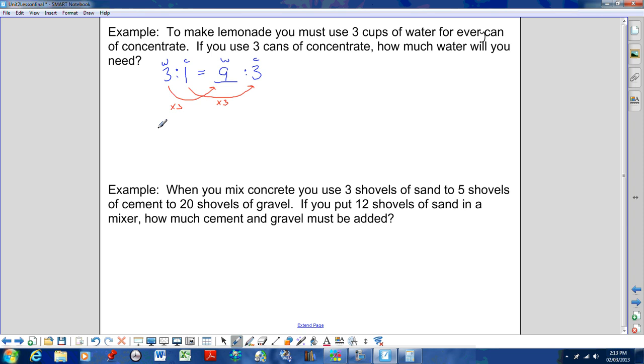So therefore, for 3 cups of concentrate, you need 9 cups of water.